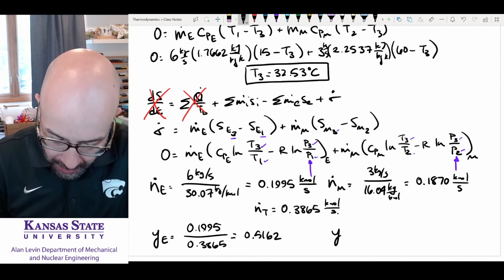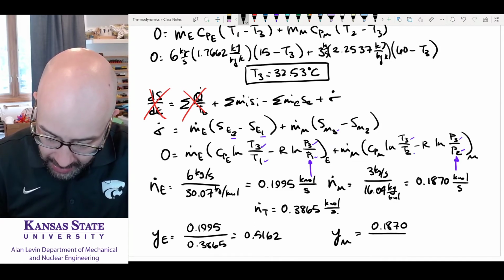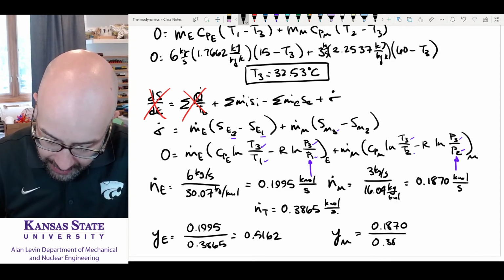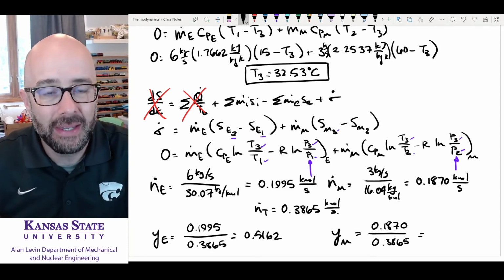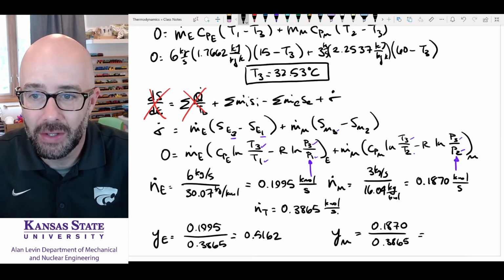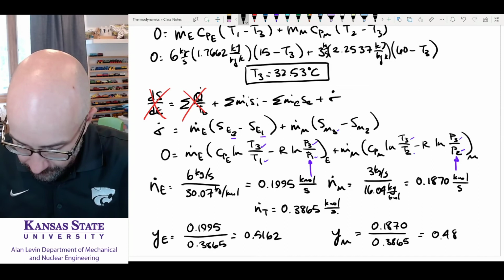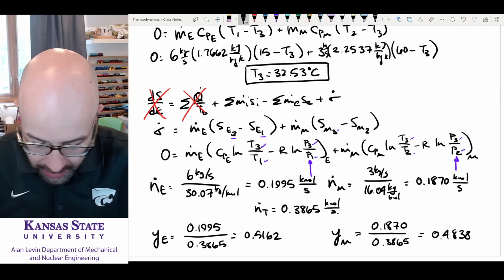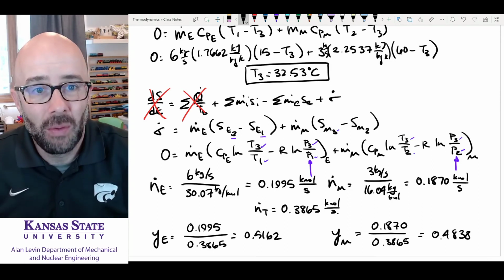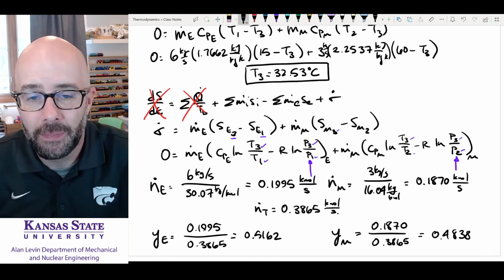The mole fraction of my methane is 0.1870 divided by 0.3865, which should be 1 minus my previous answer, 0.4838. If I add these two numbers together, I get 1, and that's what I do.